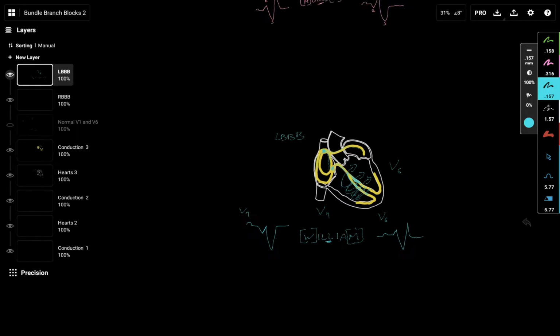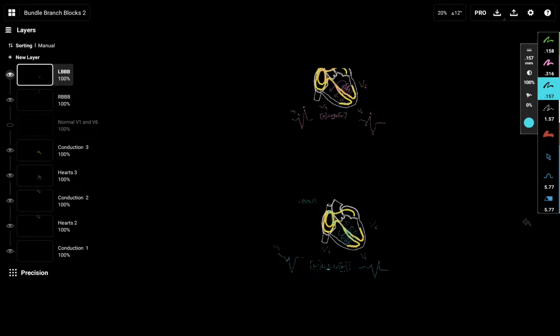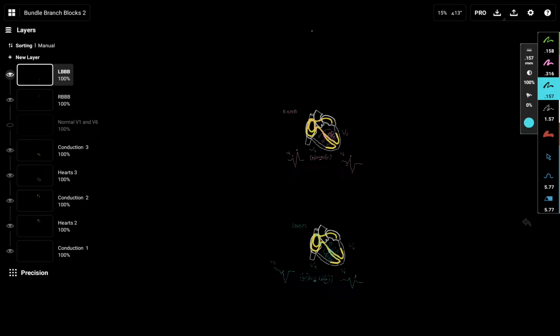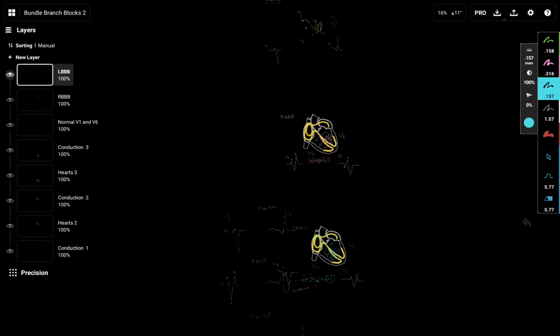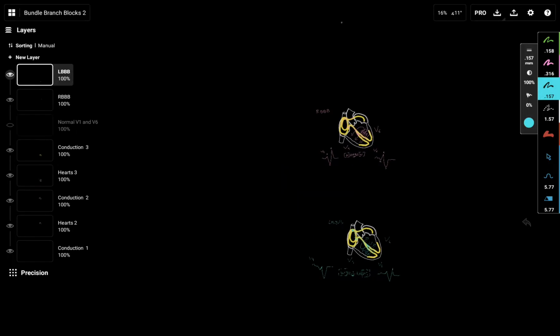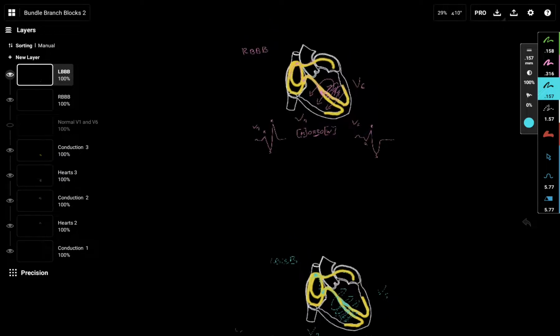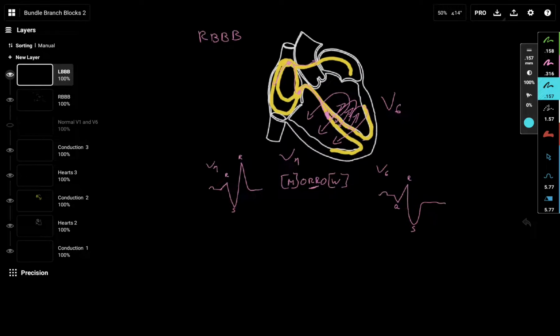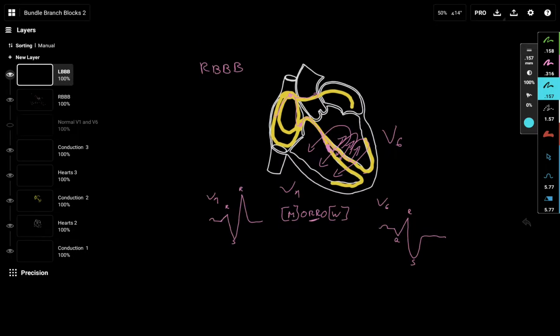For bundle branch blocks, what to remember always is that when you look at an ECG, your initial thought should be: is this a bundle branch block, whenever you see a wide QRS complex? If there is a delay in the depolarization of the ventricles, it's not necessarily a block, but that should be a high level of suspicion.